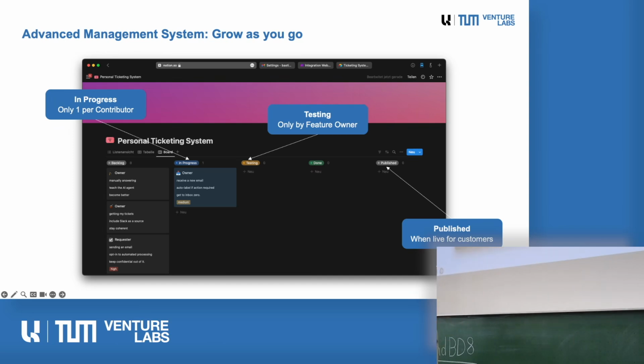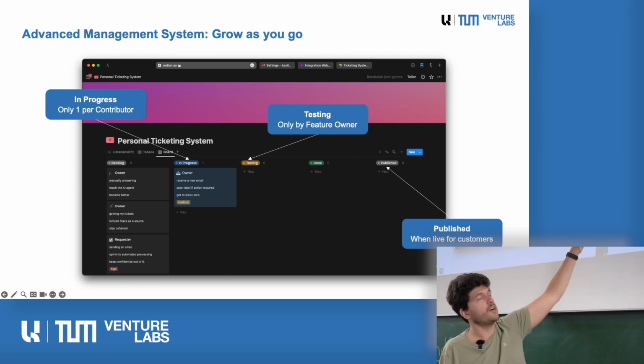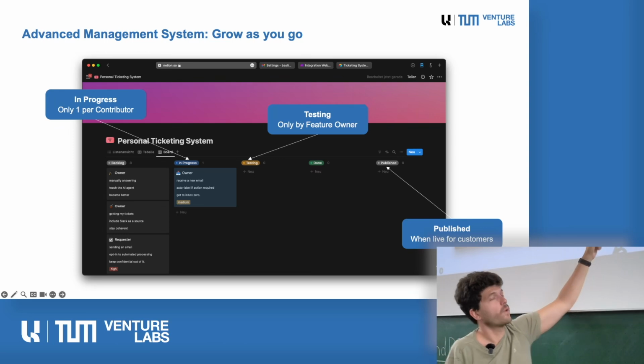For example, you say, I want to have different colors, and you build the different color feature. So you're only allowed to put it in testing, and so you go back and try out the feature and say, is it good enough for me, or is it not good enough for me? Does it solve the problem? If it's not good enough for him, then you have to go back and do it again with the feedback that you get. And only when the owner, the product owner, says, okay, this is now through testing, we can get it to done.